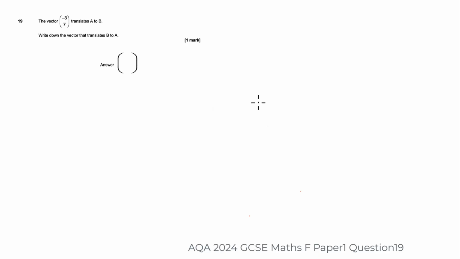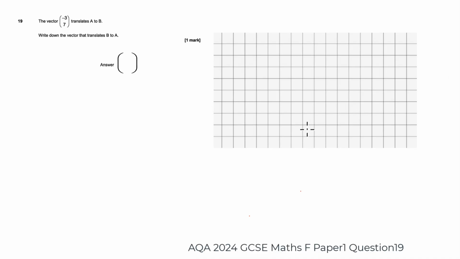Well, here's question 19. And we're told that this vector translates A to B. We're asked to find the vector that translates B back to A. Well, let's have a wee look at a grid.